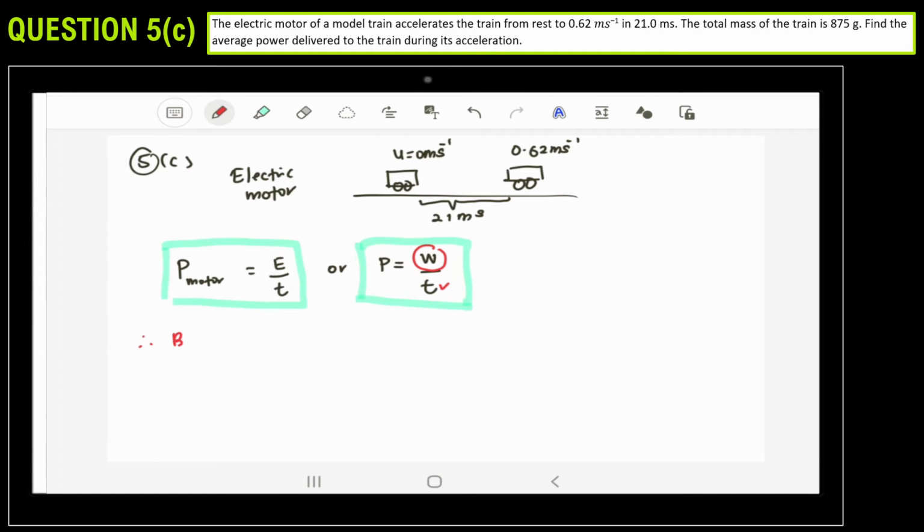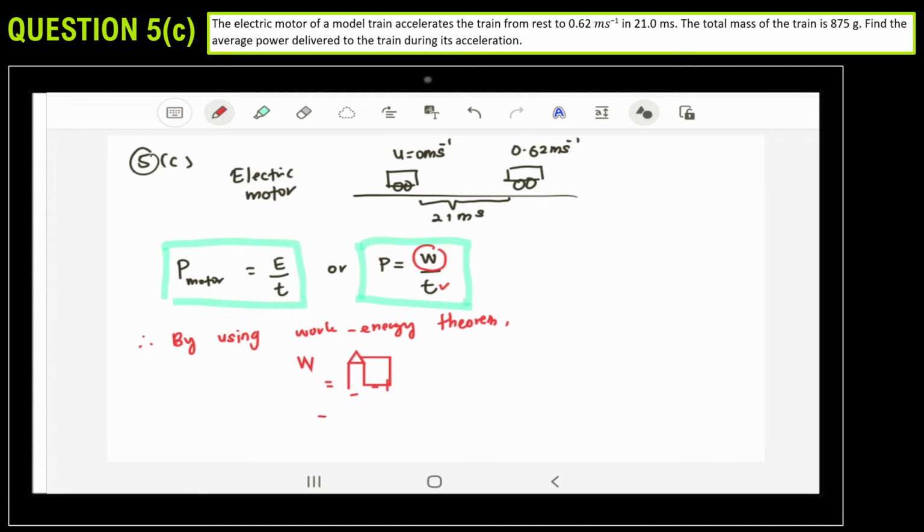Alright, therefore by using the work energy theorem, okay, so since there is a change of kinetic energy of the train, we can write W is equal to delta K, K final minus K initial.